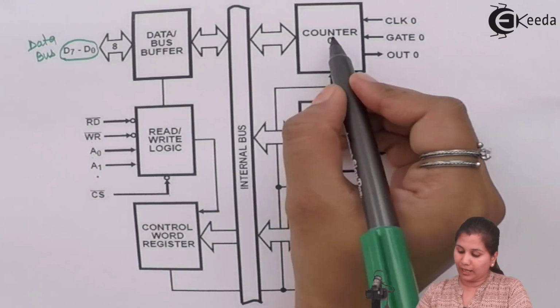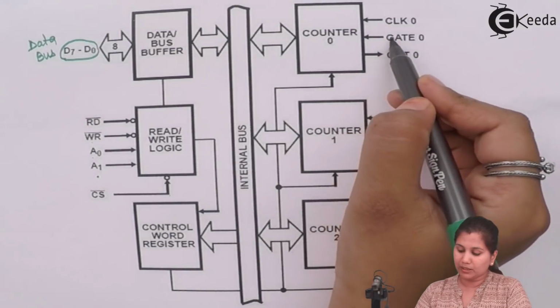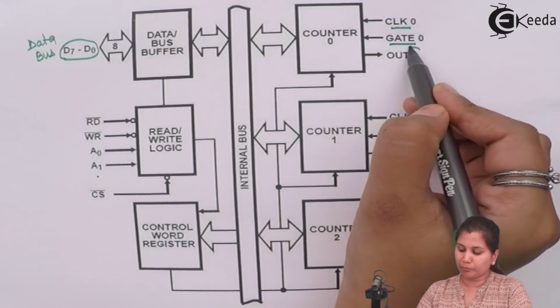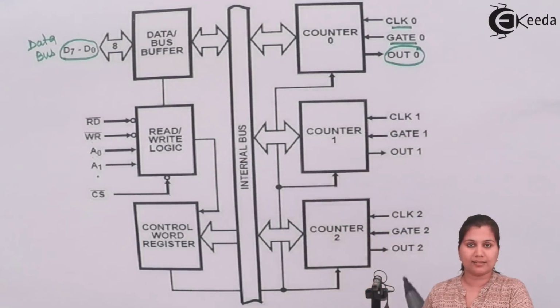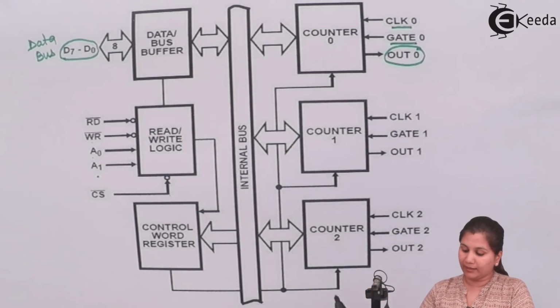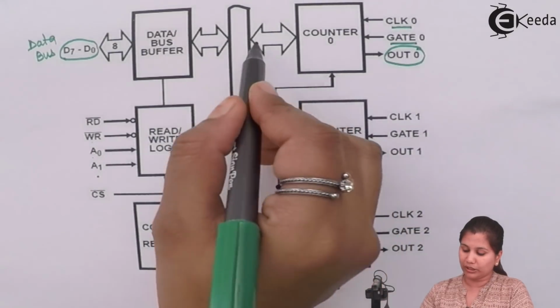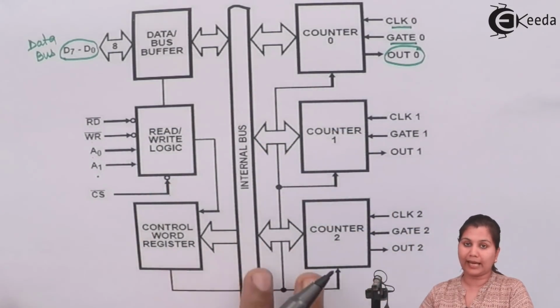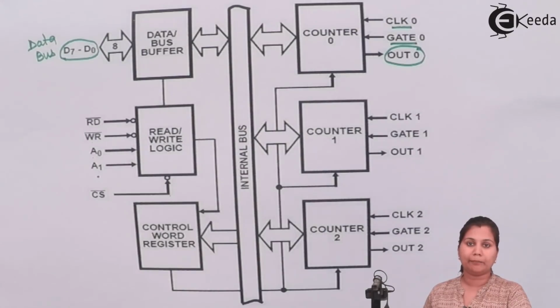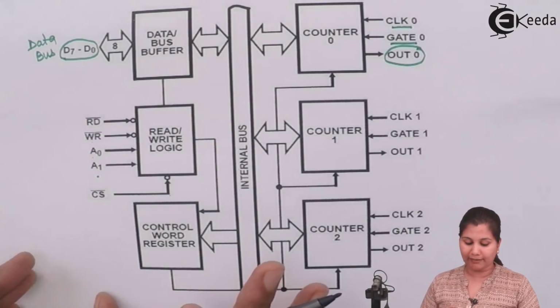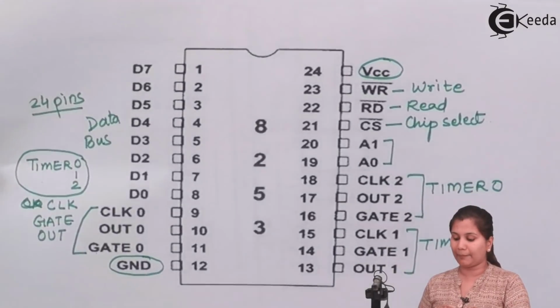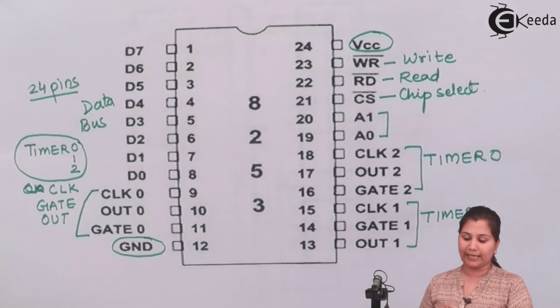The counters have 2 input signals, clock and gate, and 1 output signal, out. For each of the timers, we have these 3 signals associated with it. And the counters are connected to the internal bus so that data can be transferred easily between the various blocks. So this is the block diagram and the pin diagram of the 8253 IC.